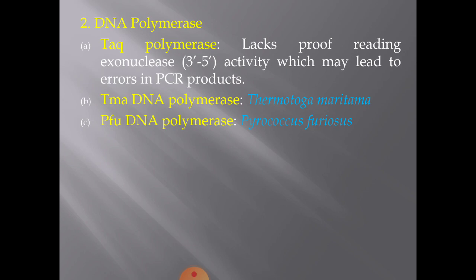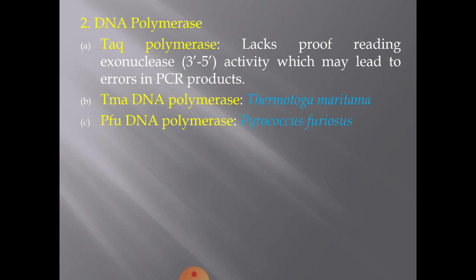By chance, if a wrong nucleotide is added, it will proofread and remove the wrong nucleotide, followed by the addition of the right nucleotide. And unfortunately, this Taq polymerase does not have that capacity of proofreading and removing a wrong nucleotide if it is placed by chance. So this may lead to errors in PCR products.